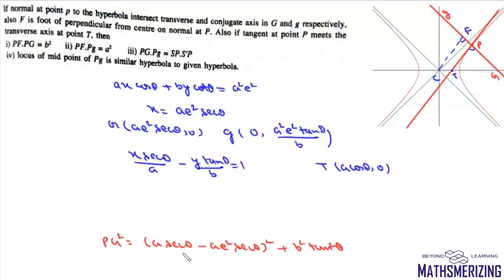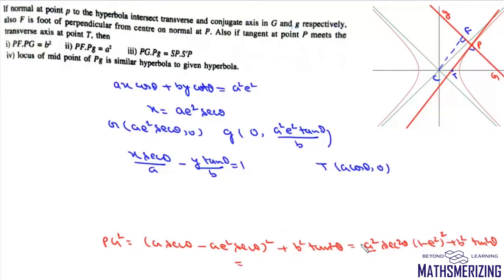We'll take A secant theta common, so it will be A square secant square theta (1 minus E square) plus B square tan square theta (1 minus E square) whole square.